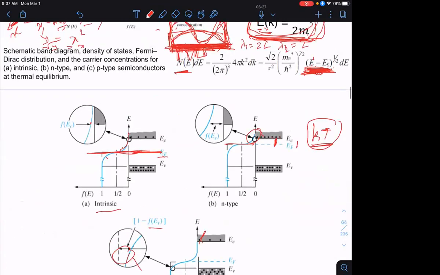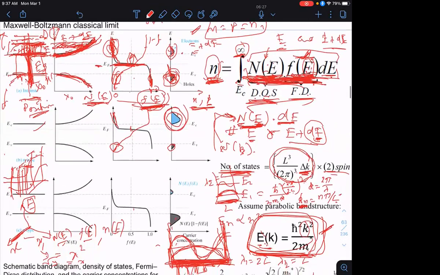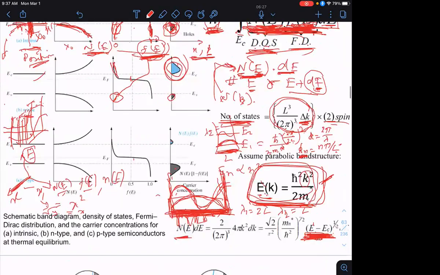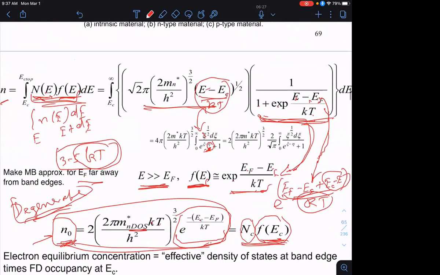So this term over here is the occupancy at the conduction band edge. What does that mean? It means I look at this Fermi-Dirac distribution function and I figure out what the occupancy is at the conduction band edge. Now I'm not looking at it as a function of energy, I'm calculating the occupancy at the conduction band edge. So that's this term over here. And everything else is a constant, which I call the effective density of states in the conduction band, N sub C. Now, what does that mean?